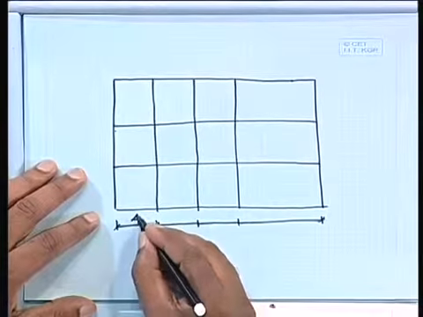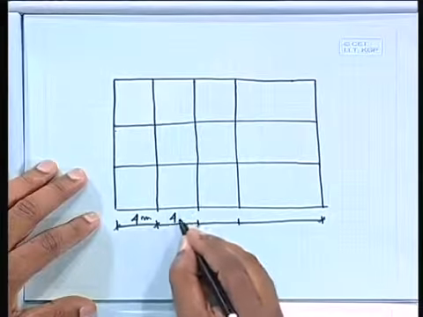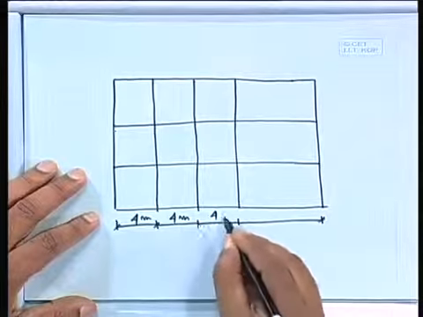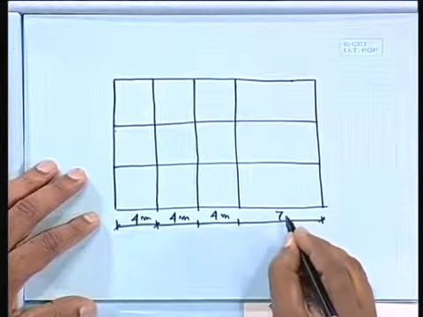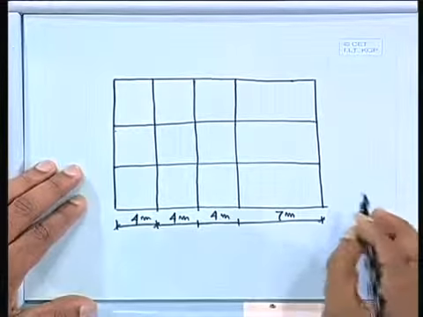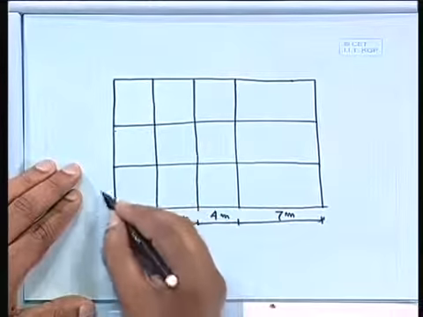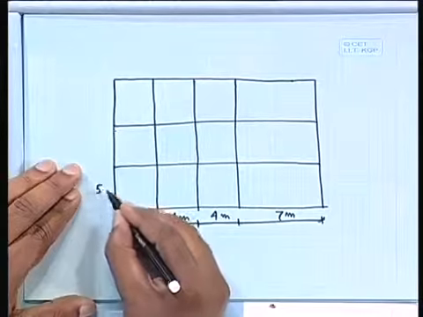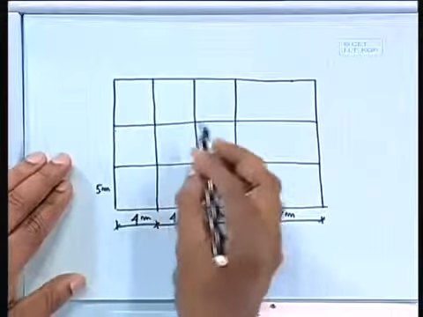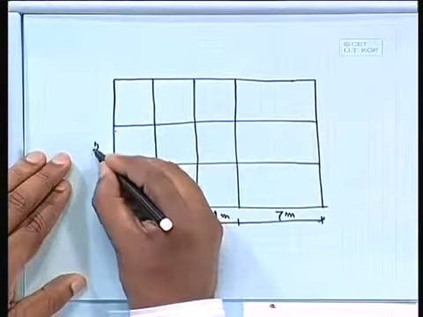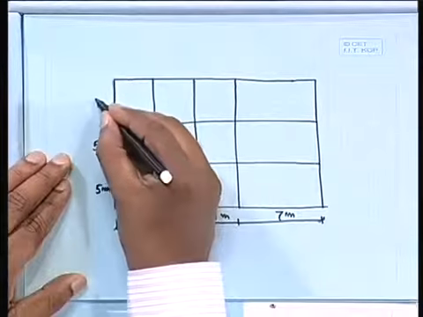Maybe I can write this one as 4 meter, this one 7 meter, this one 5 meter. In this case this is also 5 meter. Let us say this is 5 meter.